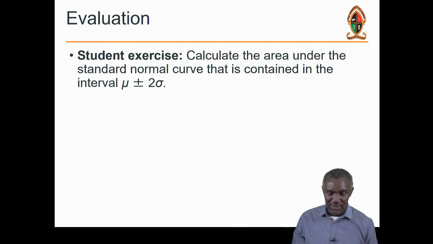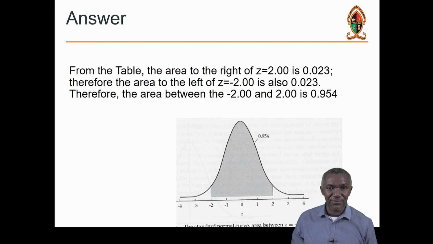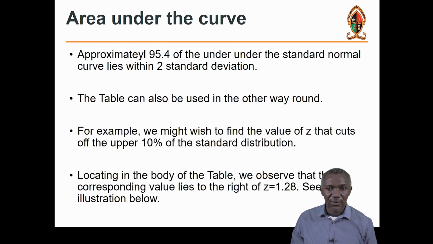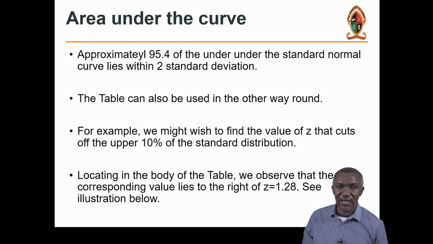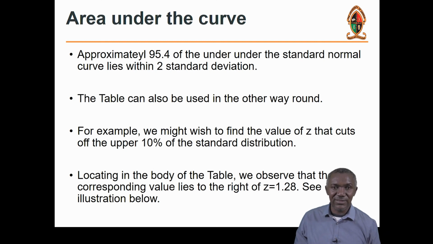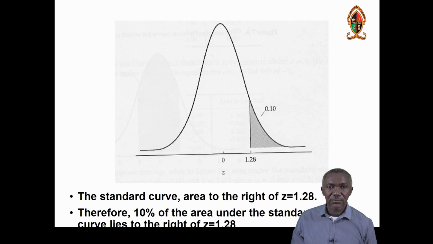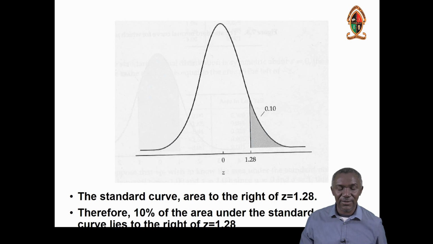How about the area under the curve for 2 standard deviations? Of course, there's an answer there for you to appreciate. You can read these notes and appreciate how the area under the curve can be used to make decisions. This is just a graphical picture showing you the area under the curve.